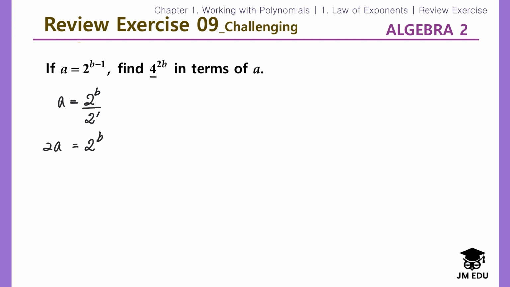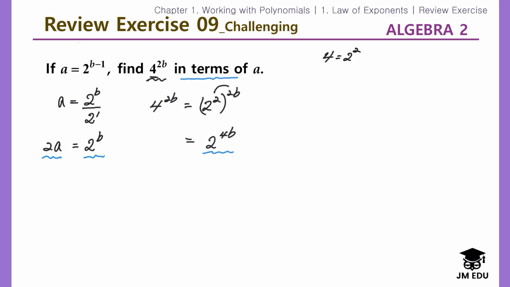Here 4 is 2 squared. So we can write this expression 4 to the 2b is equal to 2 squared to the power of 2b, right? So that is equal to 2 times 2b, that's 2 to the 4b, right? 2 to the b is 2a, and we have to write this expression in terms of a.